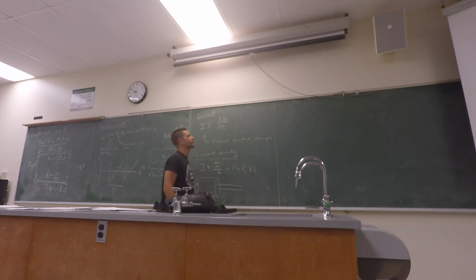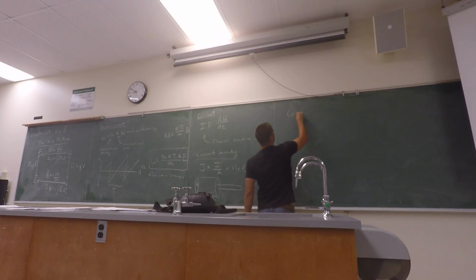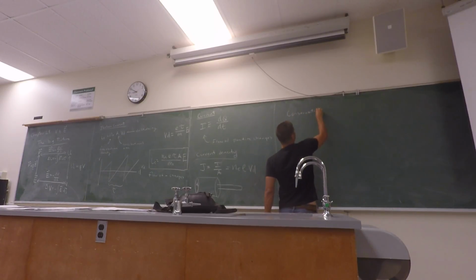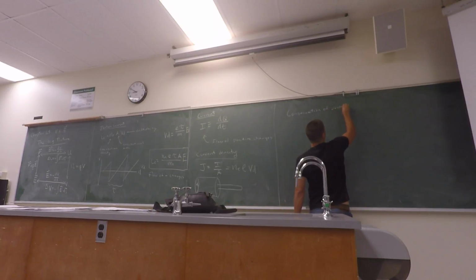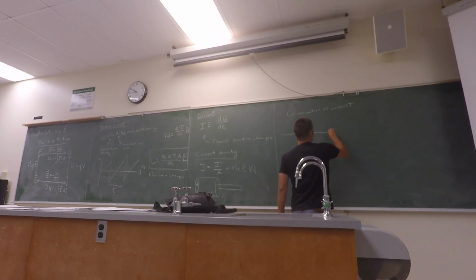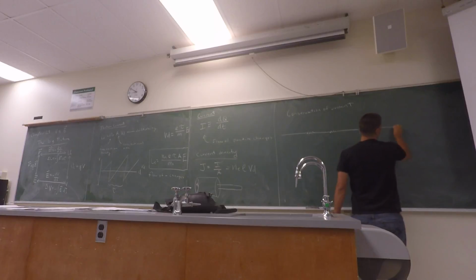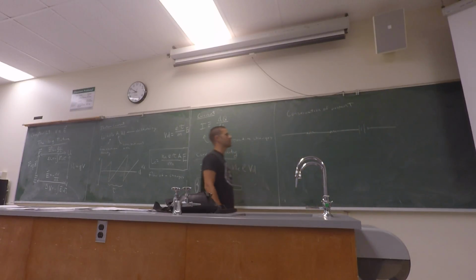Okay, now one thing about current though, because charge is conserved and current is just moving charge, that means we have conservation of current. And from this, we have two different things of importance. One is that anytime you have one wire, no matter what is on that wire, be it resistors or a battery, or whatever it is, if it's all on the same wire, then it's going to share current, okay?